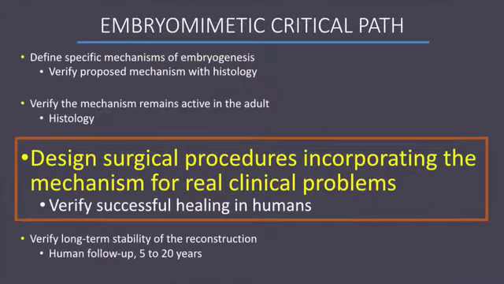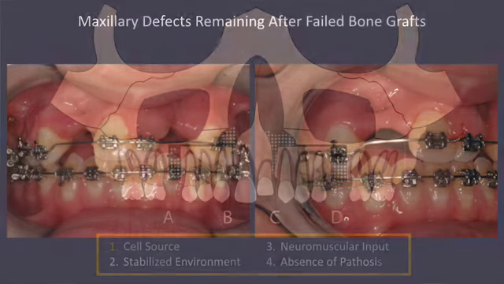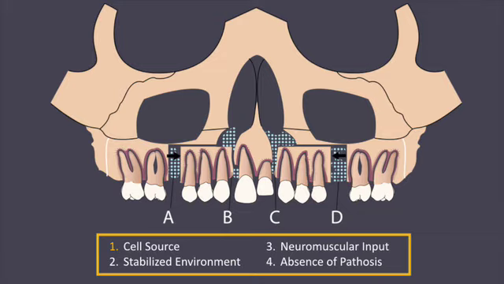If we can show that the adult has this mechanism in place, the next obstacle is to design surgical procedures that incorporate and exploit these mechanisms for the purpose of creating a solution to real clinical problems.